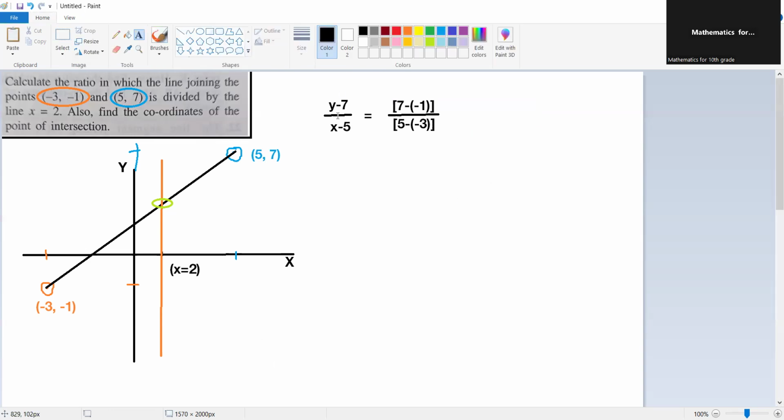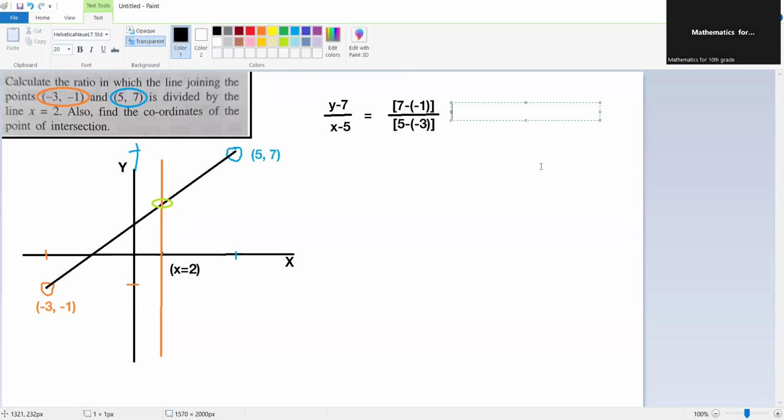So the left side is y minus 7, using this point, upon x minus 5, is equal to the slope, which is 7 minus the y coordinate of this point, 7 minus minus 1, upon 5 minus minus 3, which is the x coordinate of this point.